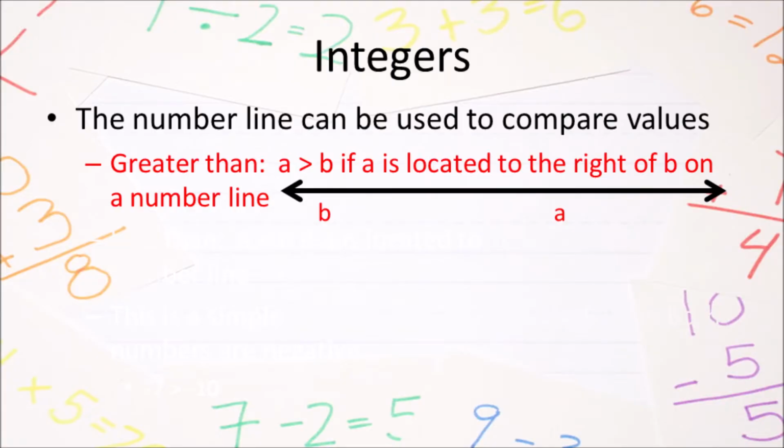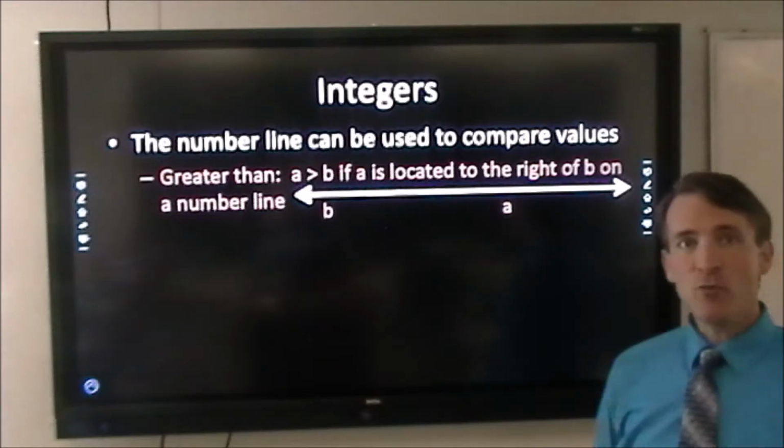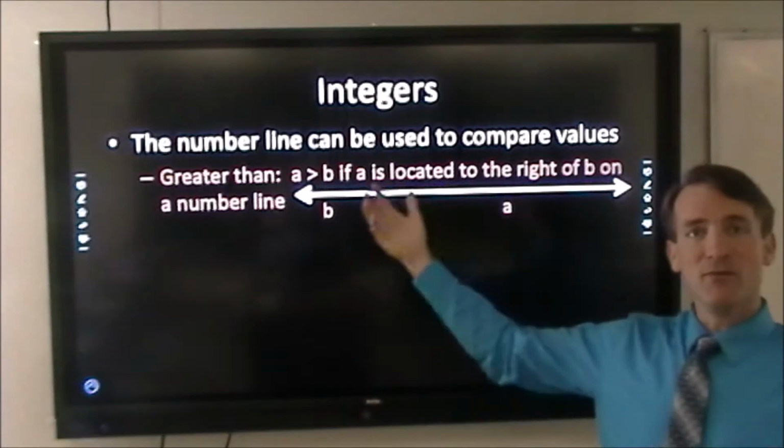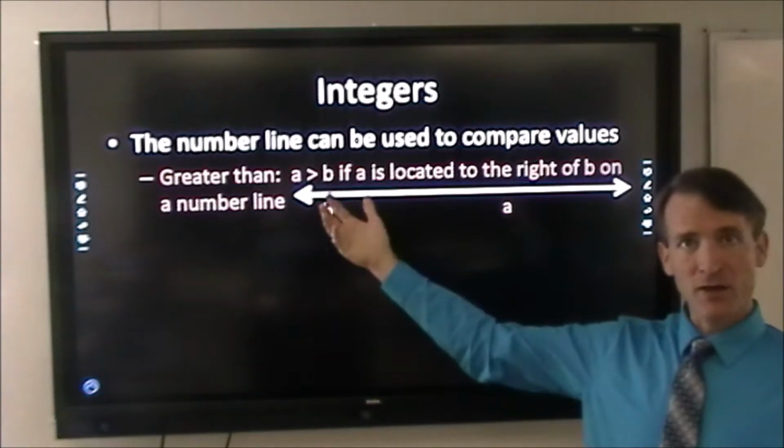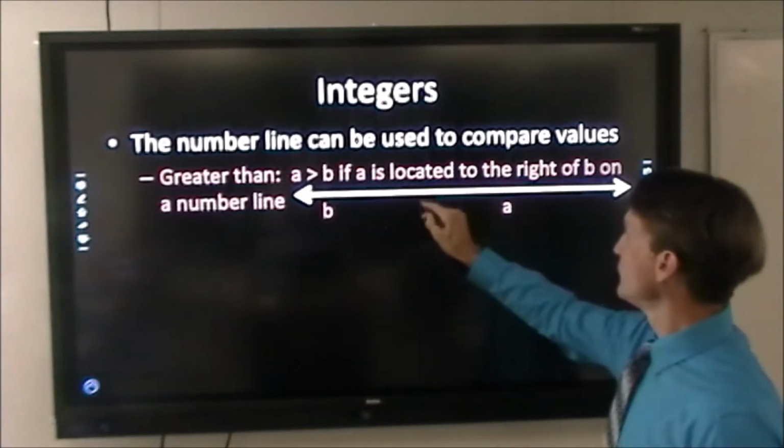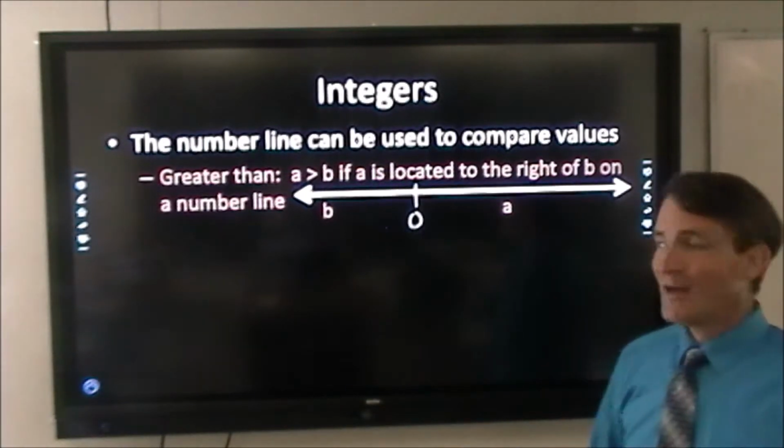So the number line can be used to compare a lot of different values. If I were to compare two values, let's say A and B, A might be greater than B. If it's greater than B, then if I were to write those numbers on a number line, A would be to the right of B. On a number line, we may have a value of 0 here.